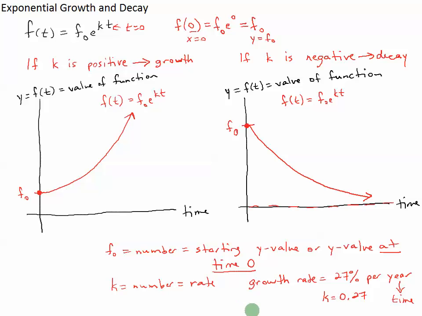If you have a decay rate of negative 27% per year, it'd be the same idea. K would be negative 0.27 because it's decaying. You'd be decreasing, and your time would still be years. So your rate can tell you how your time is measured, and it will give you your k value. Again, the bigger the k value is, the faster these things change.